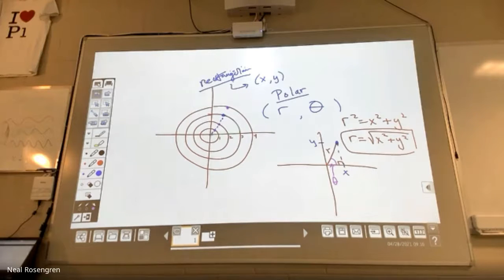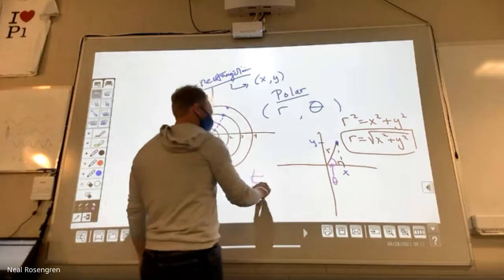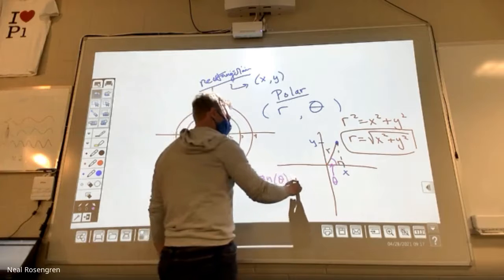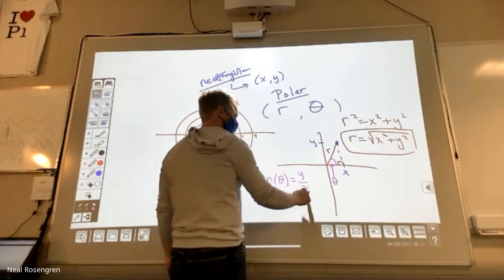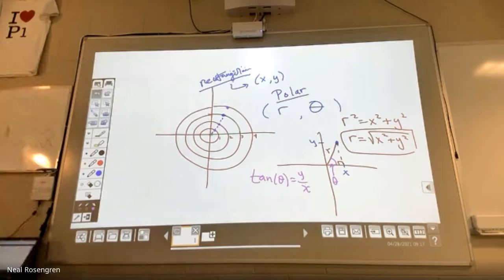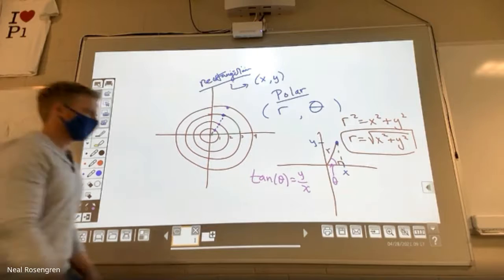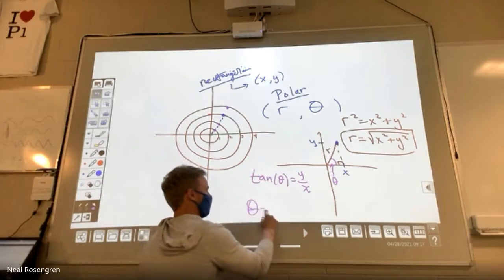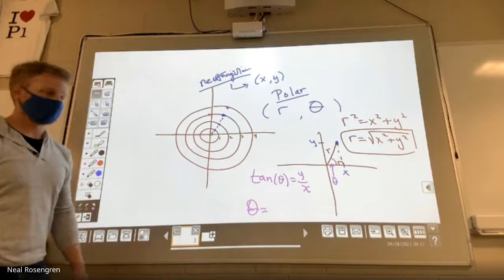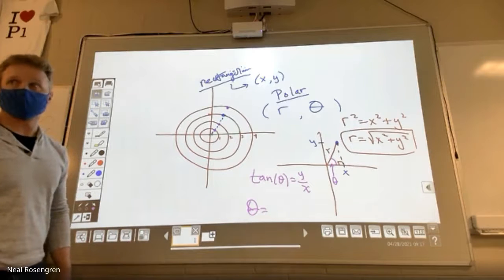So which trig function only has x and y in it? Tangent or cotangent. We'll just use tangent because it's simpler. What we've got is that the tangent of theta is y over x. So what's theta? The inverse tangent.